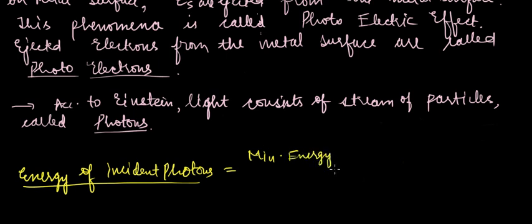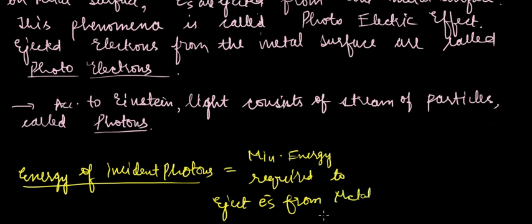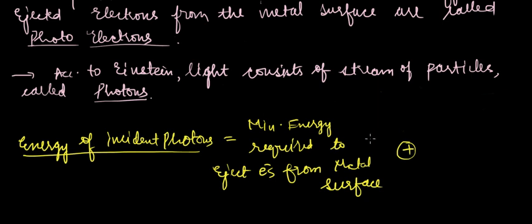You can also frame it like this: the minimum energy required to eject electrons from the metal surface plus the kinetic energy with which they are getting extracted out. So the incident energy of photons is required for these two purposes.